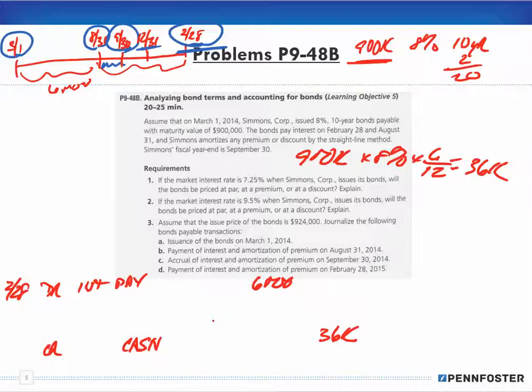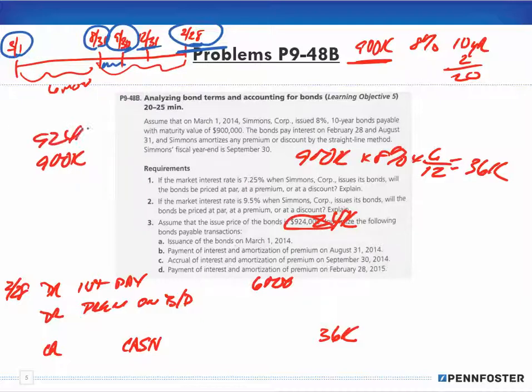And then we also have to do the premium. We're going to debit the premium on the bond payable. And to get that, we're taking the 24,000. Remember the 24,000 is the difference between the 900,000 and the 924,000, which was 24,000.